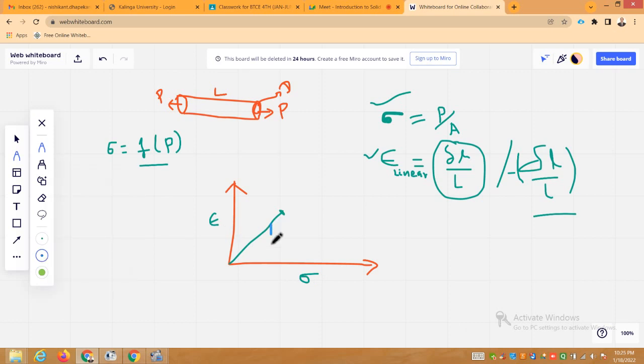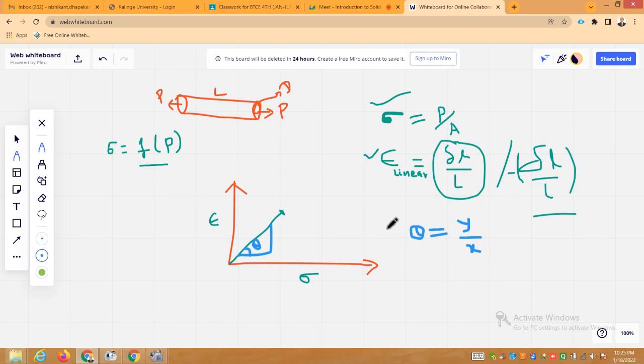If you calculate the slope of this straight line, which I am abbreviating as theta, then obviously the slope will be equal to y upon x, right?